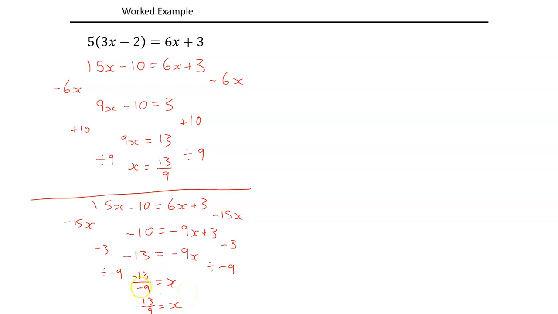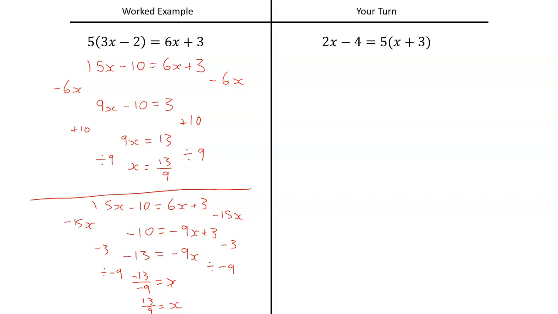Remember that when we divide a negative by a negative, the answer is positive. It's just there's a lot more negative numbers flying around, and that gives me more opportunities to make mistakes. And if I want to minimize the mistakes I make, then I want to stick with positive numbers. Okay, pause the video while you have a go at this one.